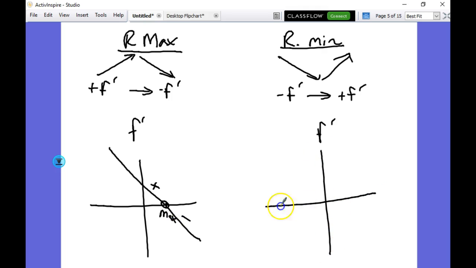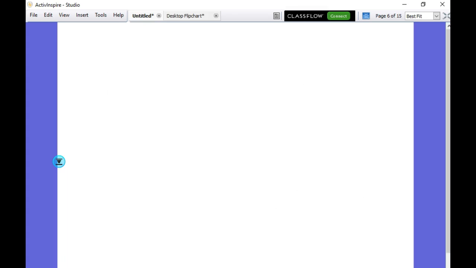Whenever it goes from a negative to a positive, that is a minimum. Okay, so there's that. I see some people writing it, so I'll wait. So I think we're on example 3 now, right?